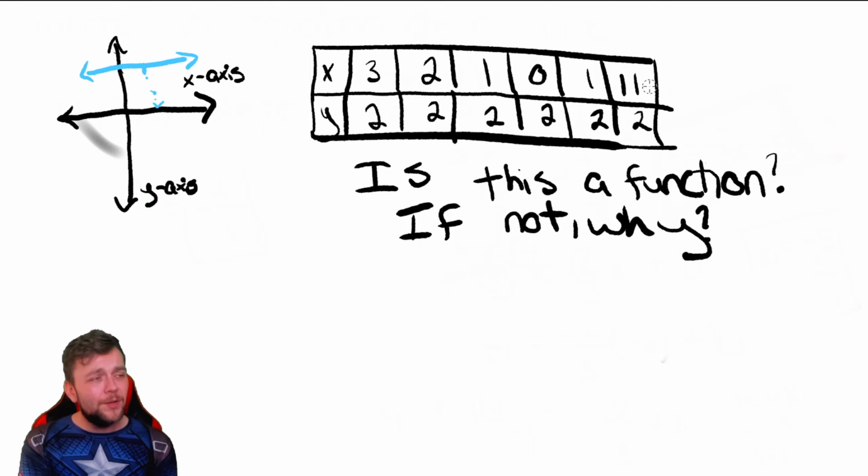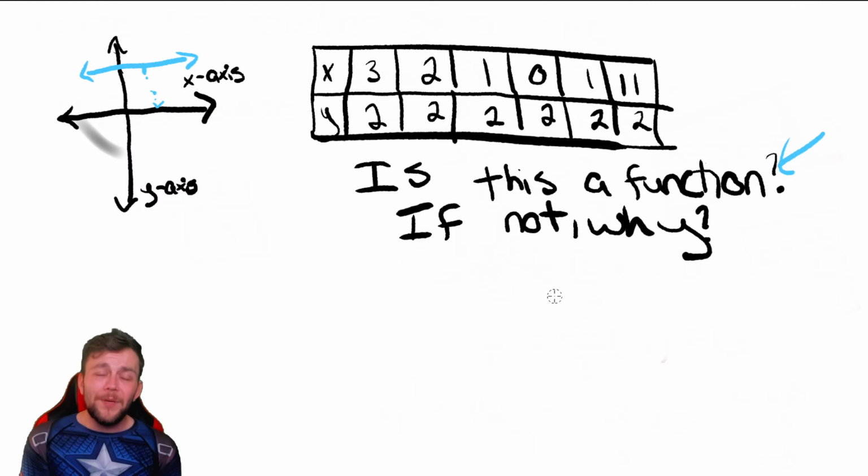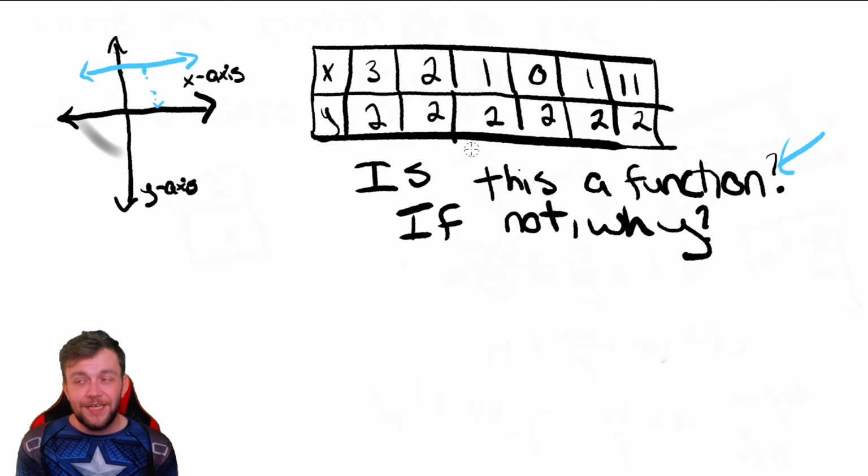Okay, but this question here is, is it a function, right? Well, the big thing to ask is, imagine every one of these X values, right? Does it go to that same point? Can you do a vertical line test through this and have it pass?